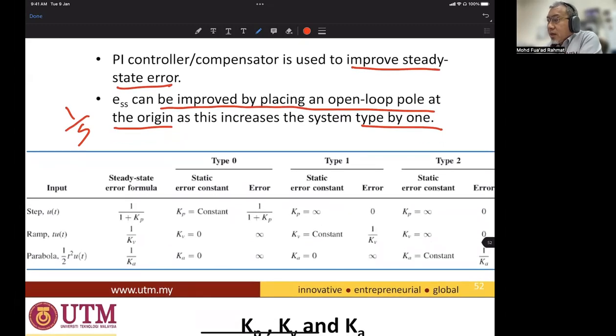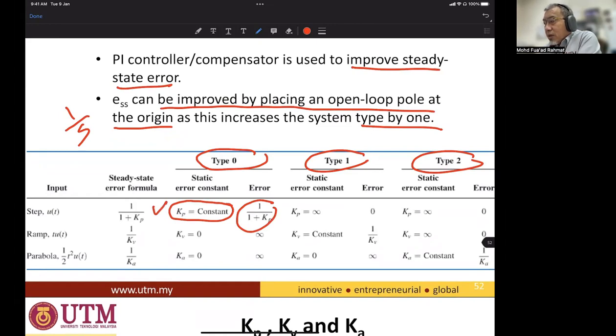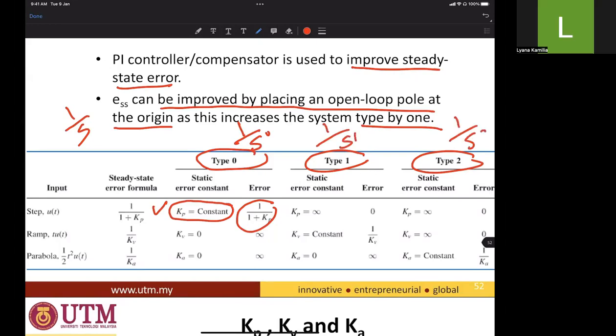So I lay out again what type 0, type 1, and type 2 are, as many students are still confused. Type 0 always corresponds to the position error constant, and the formula of error is 1 over 1 plus Kp. So you have to find the Kp and then enter it into the error formula, 1 over 1 plus Kp. This one is S to the power of 0, this one is S to the power of 1, this one is S to the power of 2.